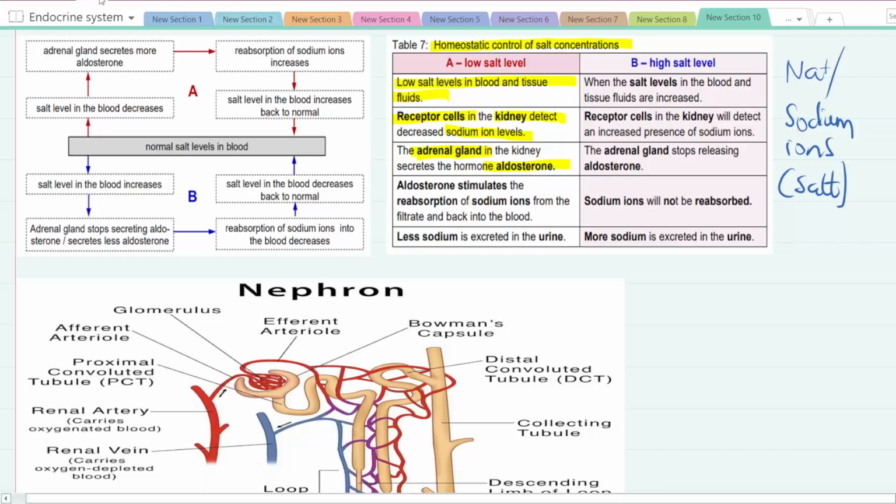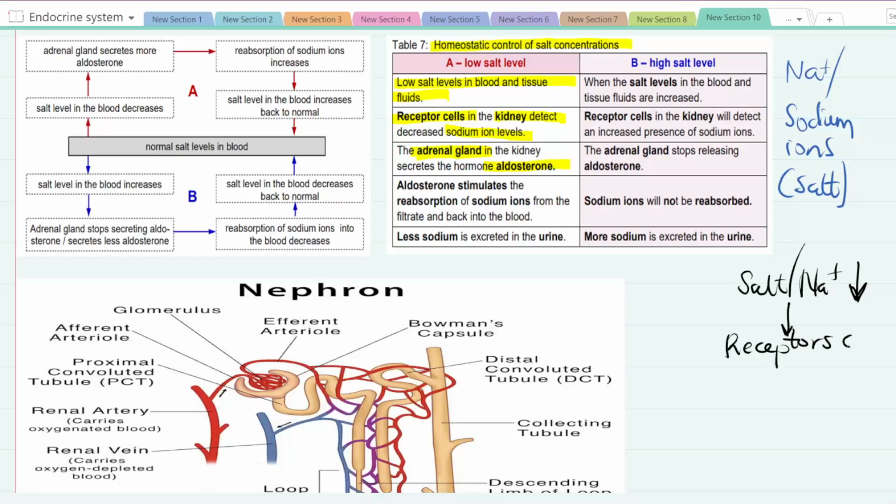So if I can make a flow diagram quickly, what do we have? We're going to have salt or Na plus or sodium ions. If sodium ion decreases here, then what follows is what? The receptor cells detect and stimulate.